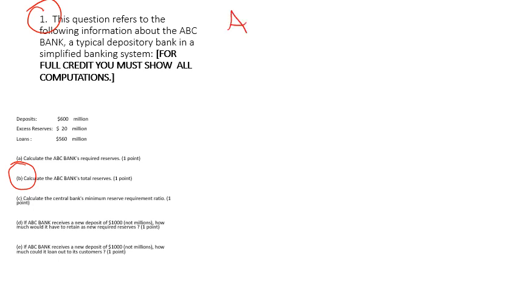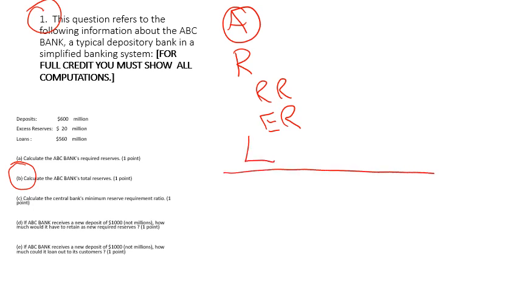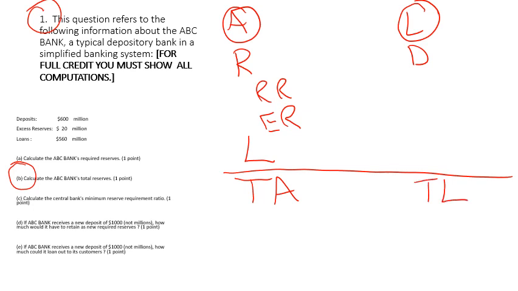So, on the asset side, we have R, that refers to total reserves. Below that we have RR, required reserves, and below that we have excess reserves, ER, and then we have the loans capacity. And below that we have TA, total assets. On the liability side, we have deposits, which is the only liability account, and that gives us total liabilities.